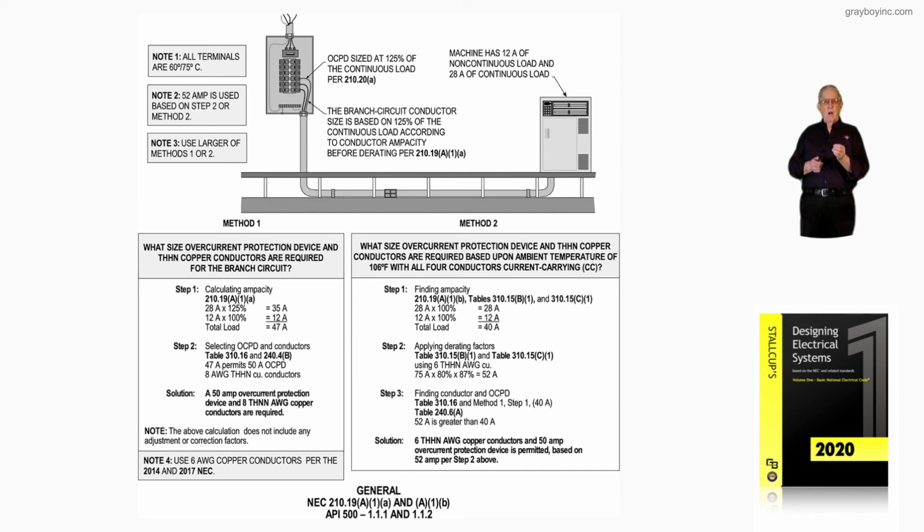That would require a 300 kcmil conductor to supply the 209.9 amps that we have there, which would be the size conductor we would need instead of the 4 alt in method 1. And that's what this figure 8-15C is illustrating, the calculation for adjustment or correction factors when a feeder's involved.